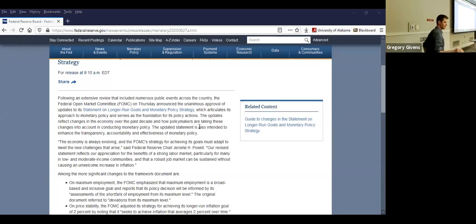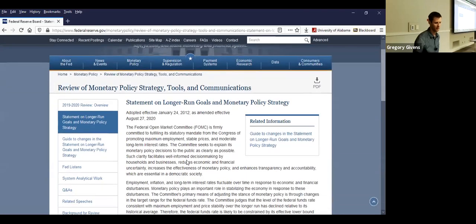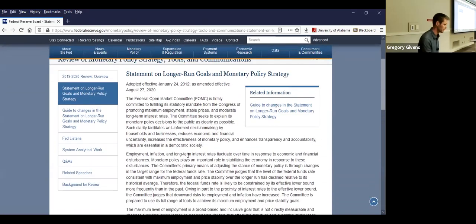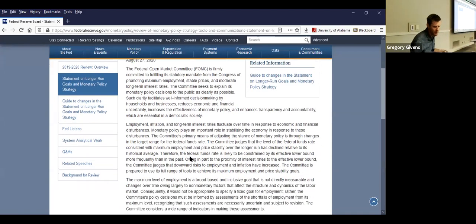Every single year, the Fed publishes something called the Statement on Longer Run Goals and Monetary Policy Strategy that it makes available to the whole wide world, okay? It recently made some changes to that policy strategy, which hopefully I'll be able to talk about, but it's several paragraphs long, and the main idea is really in the first couple of paragraphs.